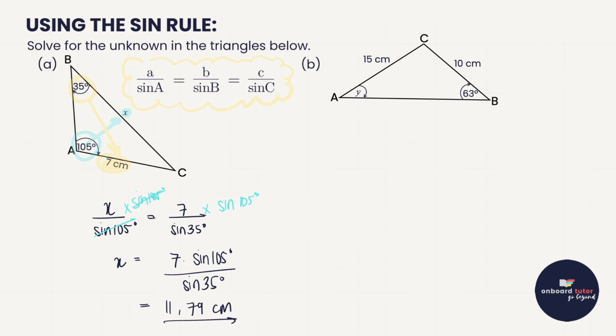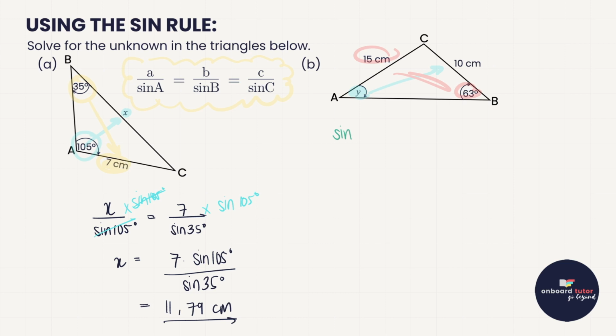In this next example, the unknown is an angle this time. There it is, angle A, we don't know what that is. So let's check, do we have information across from that angle? We do. And do we have another side and angle pair? We do. So the sine rule is going to work here too. In this case, the unknown is that angle, so now I'm going to do the rule the other way around.